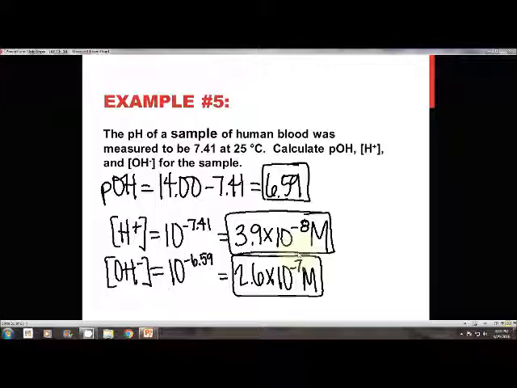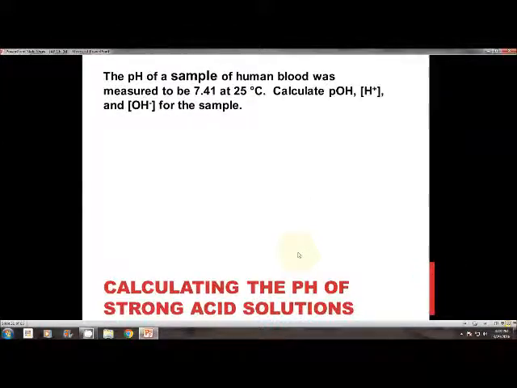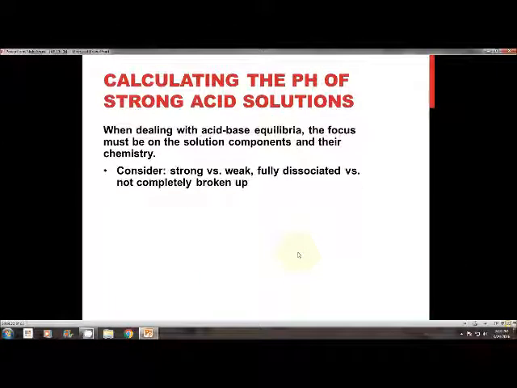So we've been assuming that we were dealing with strong acids. Those calculations are fine for strong acids. We can look at their strong versus weak components, whether it's fully dissociated or not completely broken up.